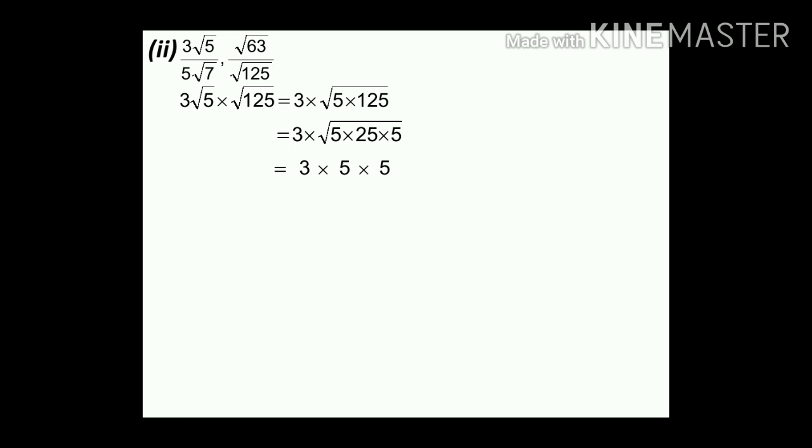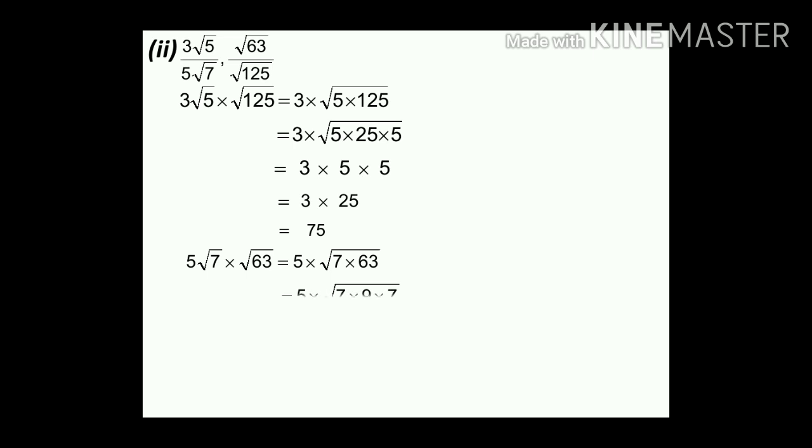Now multiply these three numbers. We get children, 3 into 25. We get 75. Now 5 root 7 into root 63 equals 5 into root 7 into 63.